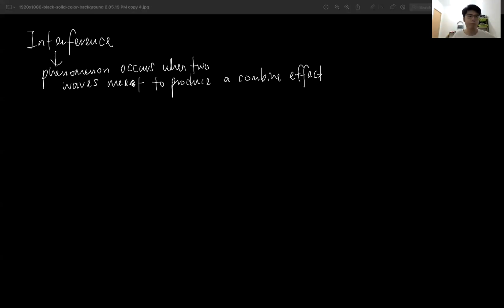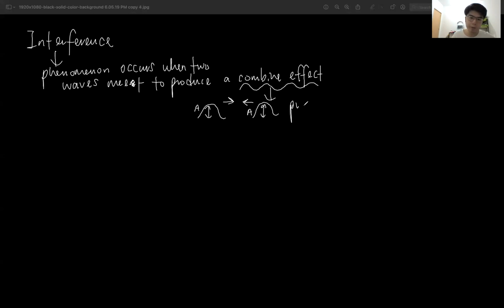Then what is superposition? Superposition is when you want to find this combined effect. How are we going to find the combined effect? Let's say you have a crest coming like this, and then you have another crest coming like this. This one has a certain amplitude, and this one has a certain amplitude. When they join, how do you find the combined effect? Based on the principle of superposition.